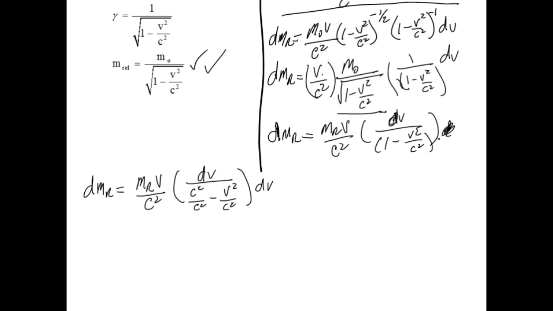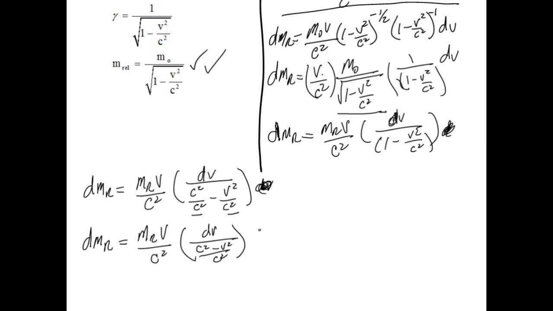Oh, I did put the dv on there, I put it inside. So c squared over c squared minus v squared over c squared, well, since they both have the same denominator, I can add them. So change in relative mass is equal to relative mass times v divided by c squared times dv divided by c squared minus v squared divided by c squared.